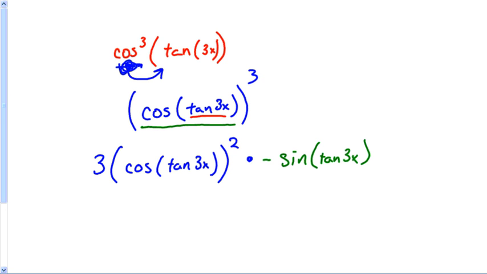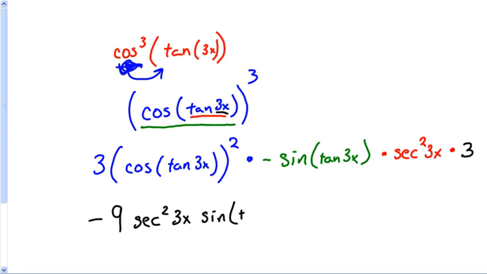The derivative of tangent 3x would be times secant squared 3x, times, that's right, we ain't done, the derivative of 3x, which would just be 3. And believe it or not, this is our answer. The calculus is over, and the ugliness is beginning. The answer looks like 9 secant squared 3x. Oh, I see a negative.